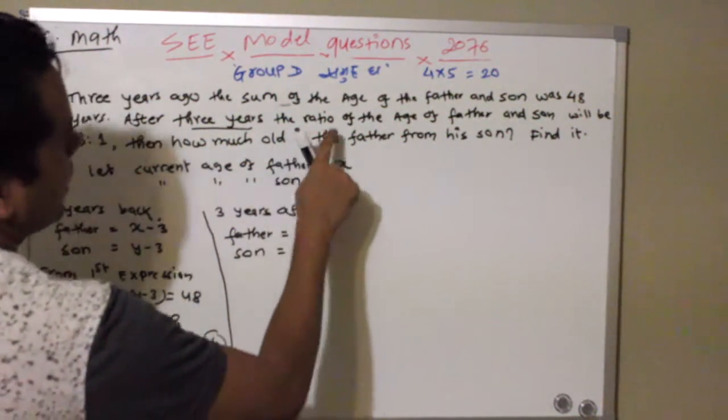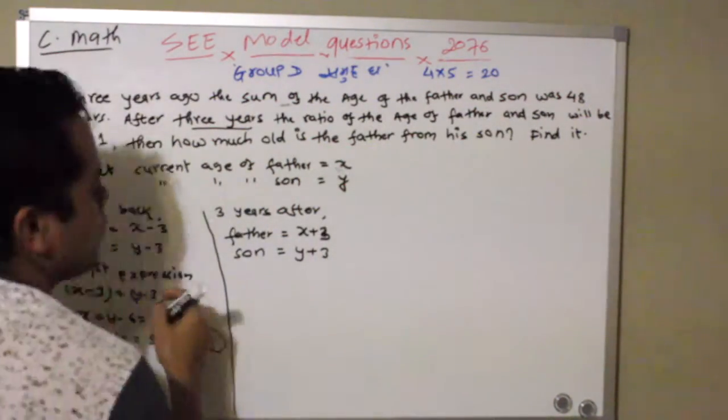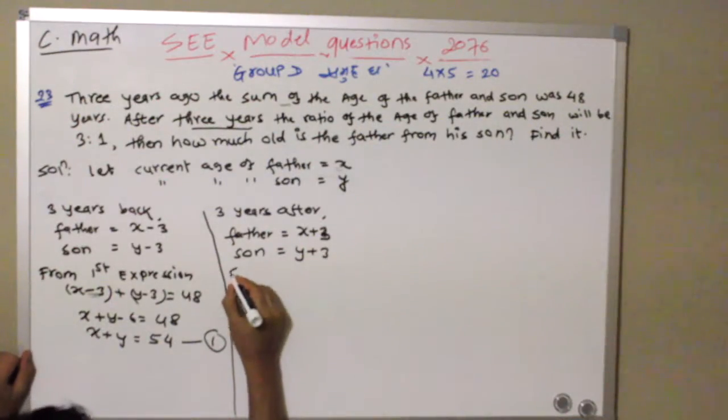From the second expression, the age ratio would be 3:1.